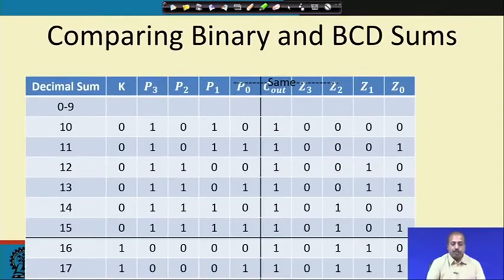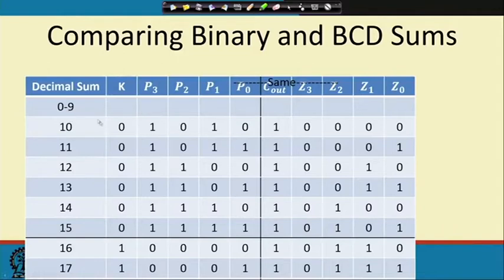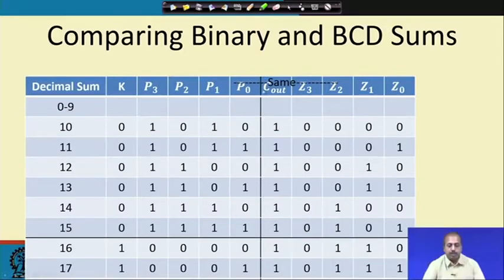For the numbers 0 to 9, the result is the same. However, if the decimal sum is 10, it is represented in BCD form as a carry bit of 1 and Z3, Z2, Z1, Z0 being 0.